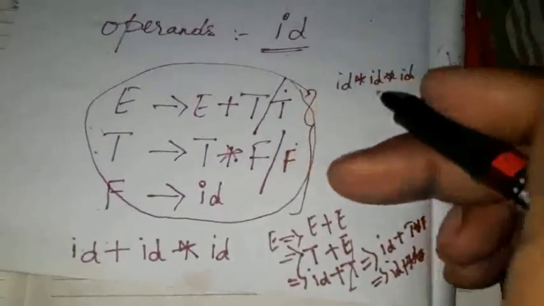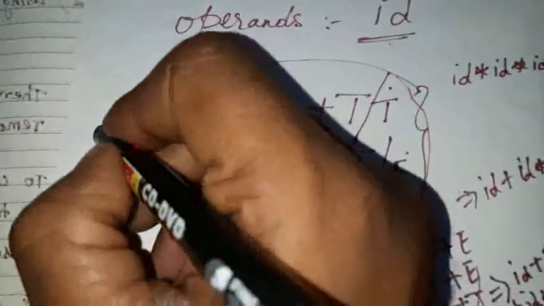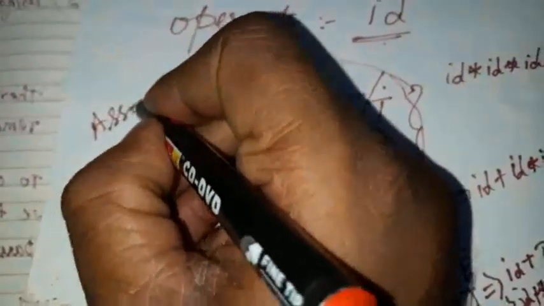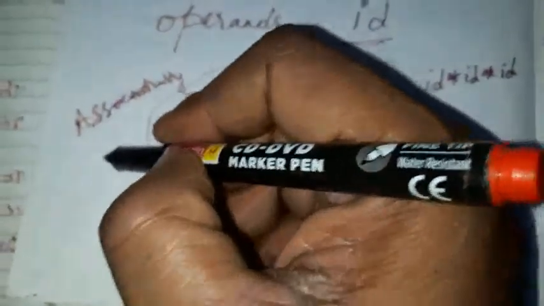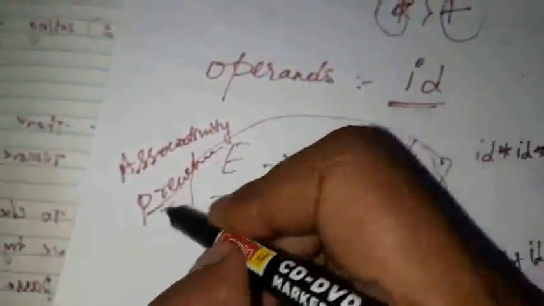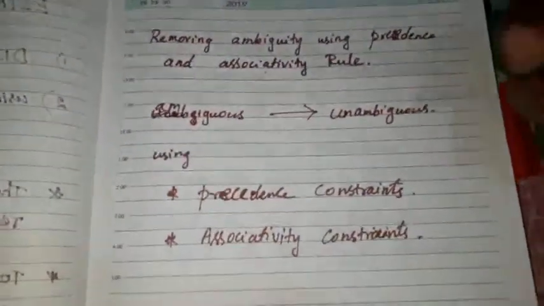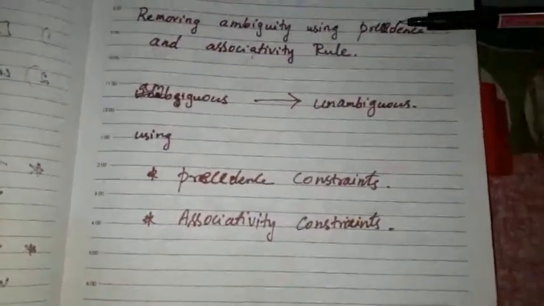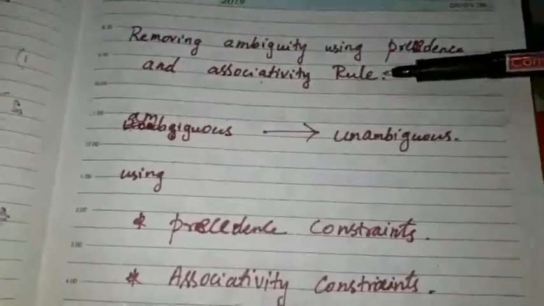So this is the grammar which doesn't have any ambiguity in it. How do we remove the ambiguity from here? By using two things. One is associativity, and the second one is precedence of the operator. So that is what we say here: removing an ambiguity using precedence of an operator or associativity rule.